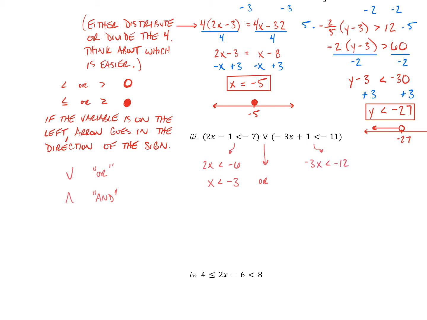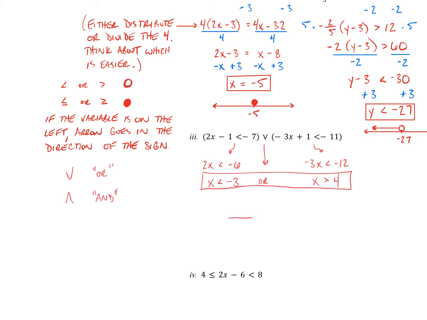Then I'm going to divide both sides by negative 3. That will cause this to flip, and then I have x is greater than 4. So this is my solution here. I'm going to box my answer. That's my answer, that either x is less than negative 3 or x is greater than 4.